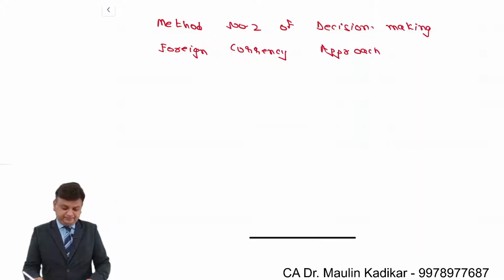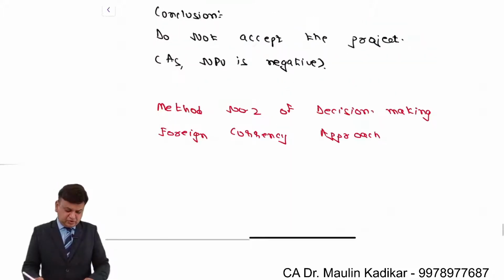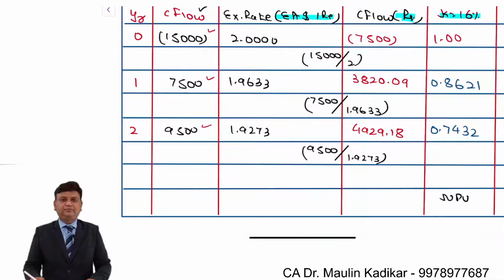Let us see how to answer in case of the foreign currency approach. Dear students, in the foreign currency approach, the foreign currency cash flows will be directly discounted. That is the foreign currency approach.